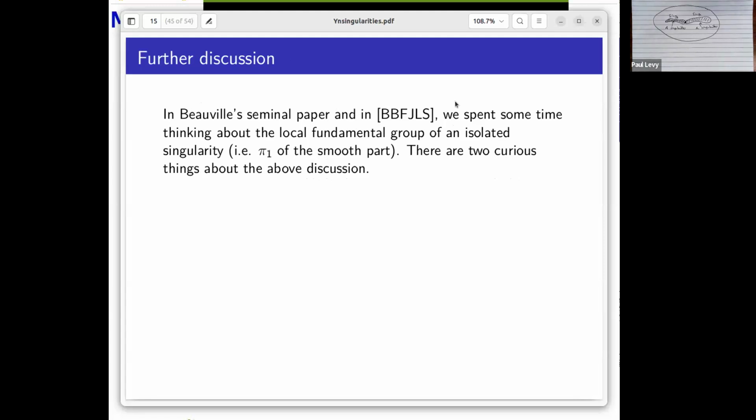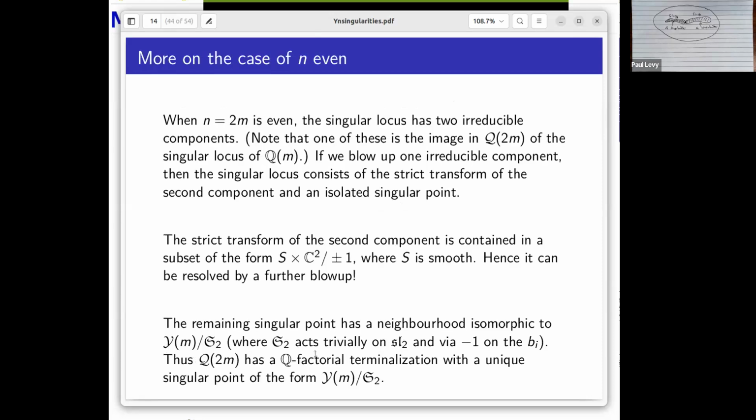And in the paper BBF JLS, we spent some time showing that these y of n have trivial local fundamental group. But in this case, the Q factorial terminalization when n is even has local fundamental group S2.